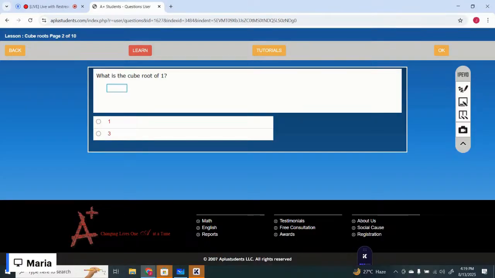What is the cube root of 1? So the square of 1 is 1, and the cube root of 1 is also 1.